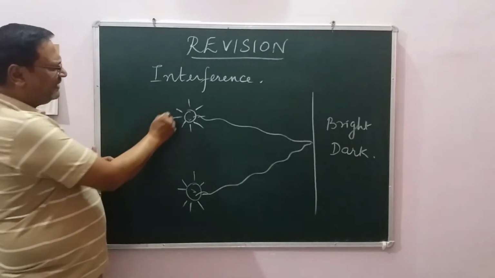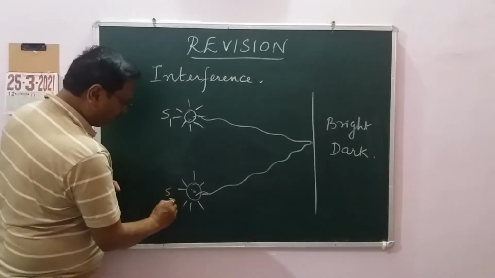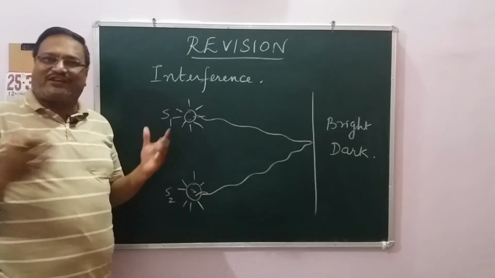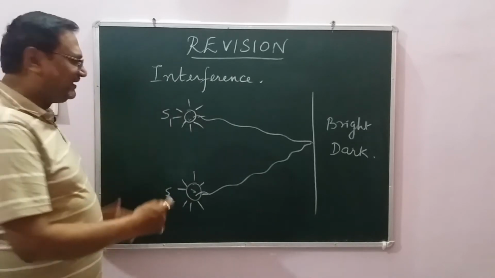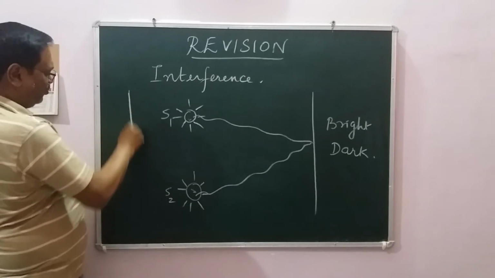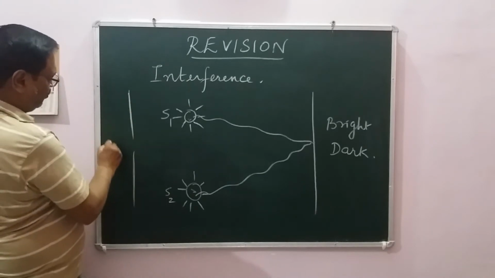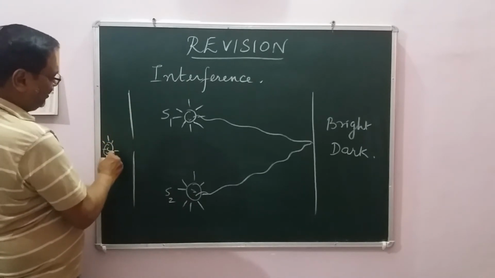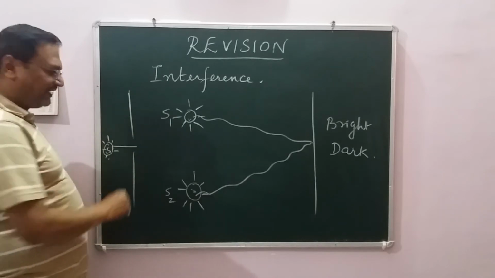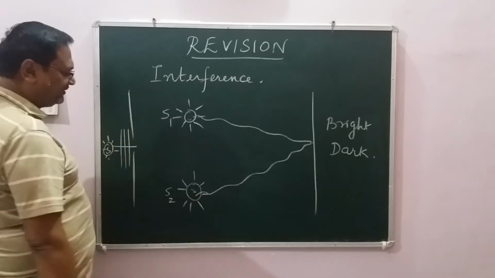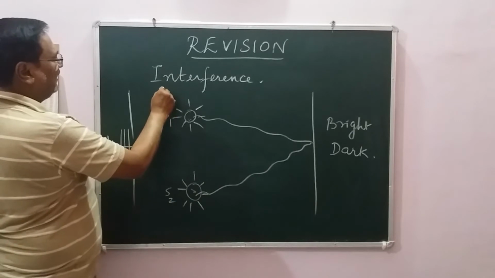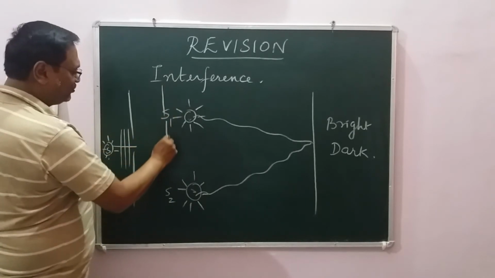This I have simply said, source 1 and source 2. Two different sources cannot be used; we have to get light from the single source, right? This is a source of light. From the single source the light is coming. Let us take a plain wavefront like this, and then we place a double slit.